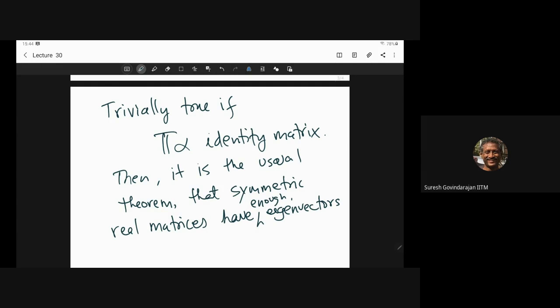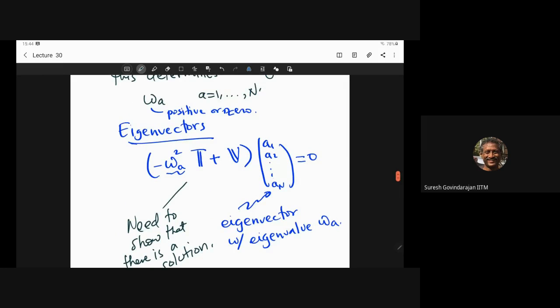Okay, so this is what it is. So is this point clear? That if you come here, and if T is proportional to some constant times the identity matrix, I can absorb that constant into omega squared. So it looks like the normal eigenvalue problem, and V continues to be symmetric.